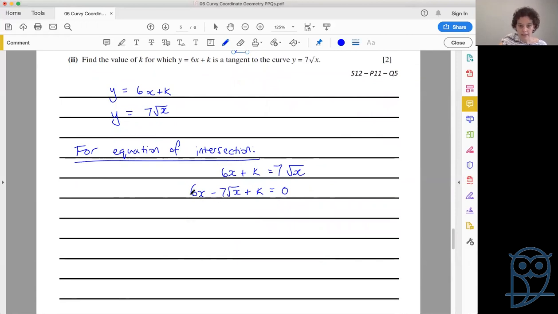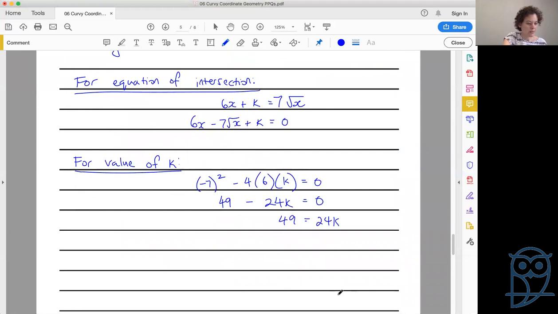So a is 6, b is minus 7. So for the value of k, b squared minus 4ac equals 0. So 49 minus 4 times 6 gives us 24k equals 0. 49 equals 24k.